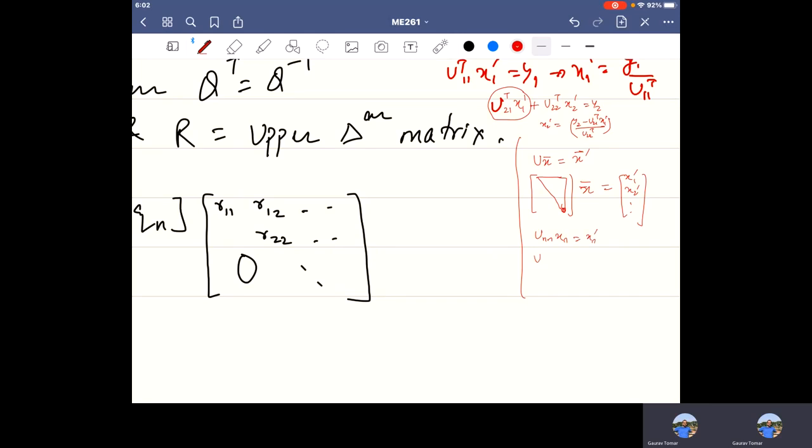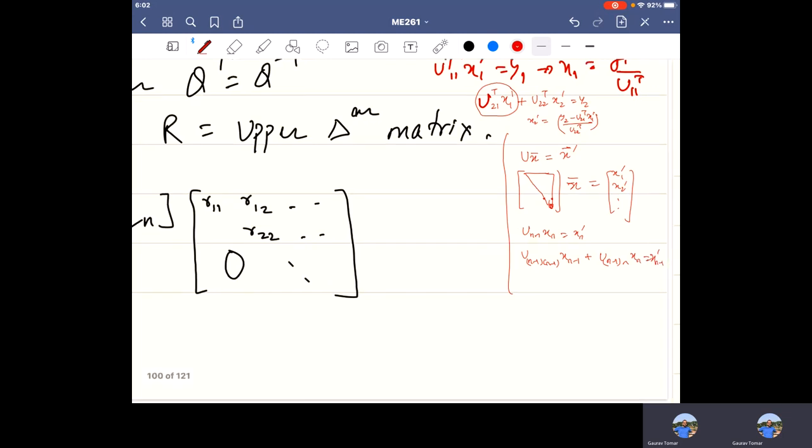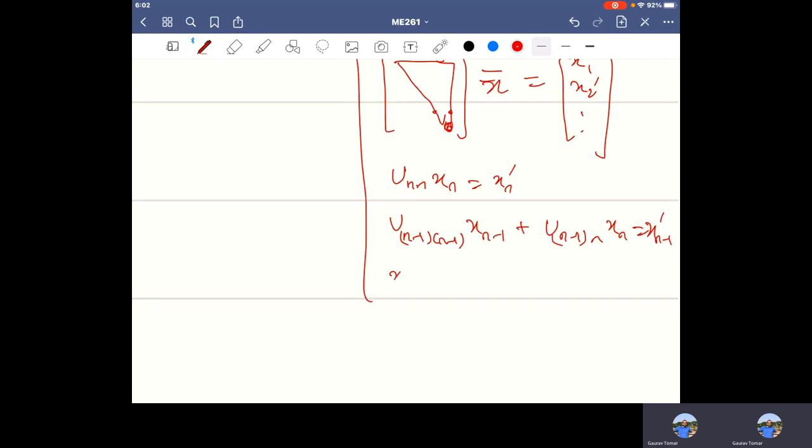The next equation is x_{n-1} times u_{n-1,n-1}, plus one that you already know, which is u_{n-1,n} x_n, is equal to x'_{n-1}. And from here you can solve for x_{n-1}.